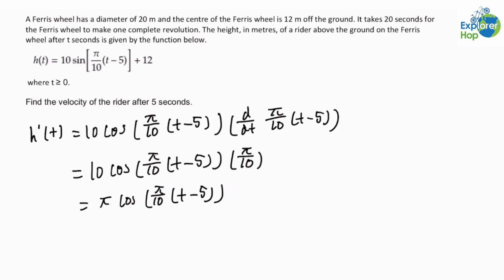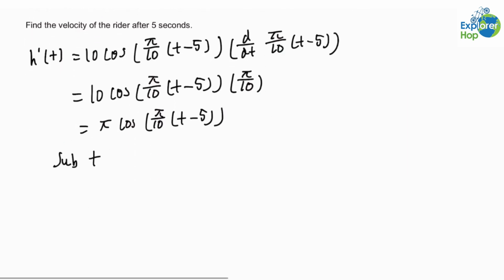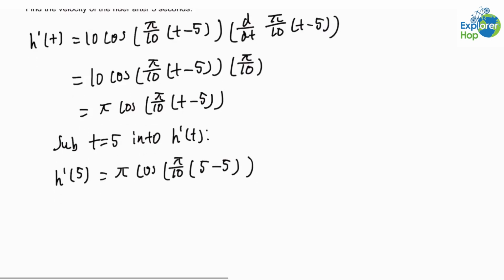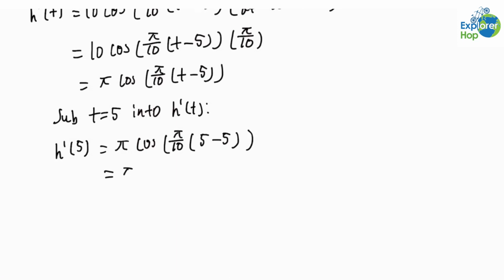And now we sub t equals 5 into the derivative h prime of t to get that h prime of 5 is equal to pi times cosine of pi over 10 times 5 minus 5, which is equal to pi times cosine of 0, which is equal to pi.